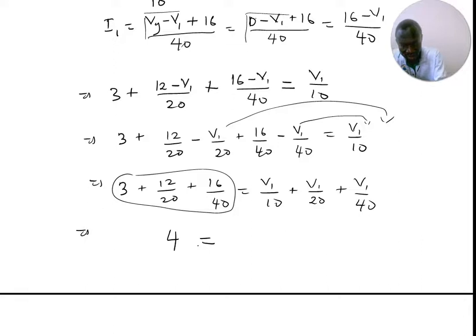Then what about this one? 1 on 10 plus 1 on 20 plus 1 on 40, right? And that one should give me 7 on 40. If I simplify it, I'm going to get 7 on 40 V1. You get it?